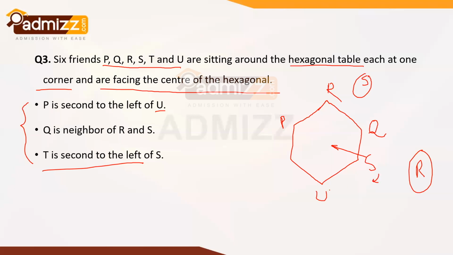So since T is second, and since the only blank space is here, T must be right here, and that matches with the hint that we are given, right? But if we took S here and R here, R would be second to the left of S, and that would not match with this hint. So I took this last hint and kept this particular position and not S and R, right?